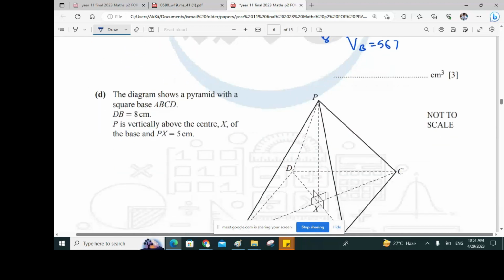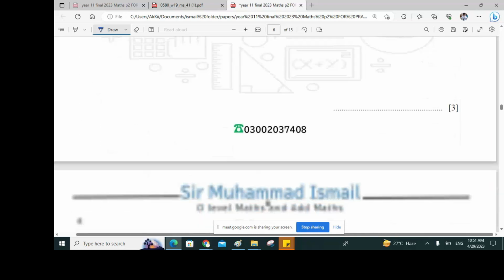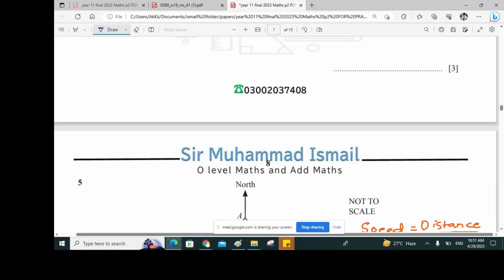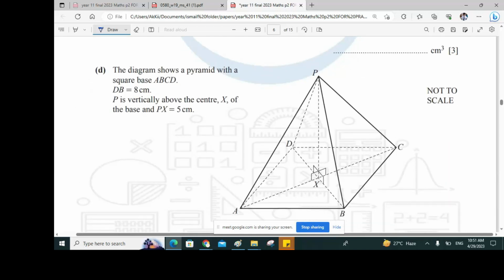Now this is the next part. Okay, just a second. Yes, this is the next part. Okay, what you have to find: the diagram shows a pyramid with a square base ABCD, and DB is how much? 8 centimeter.